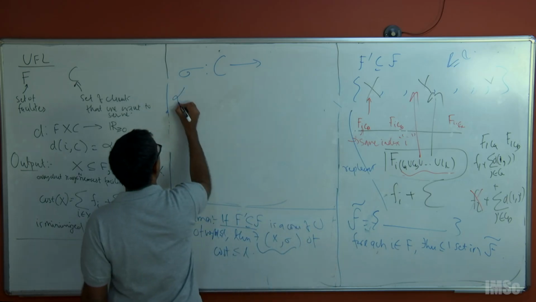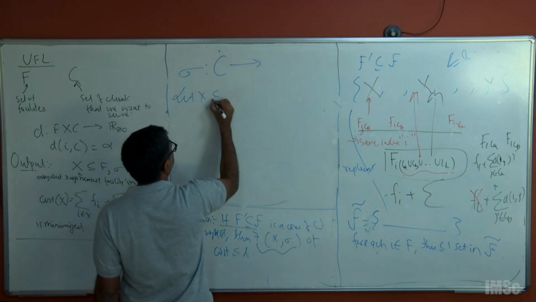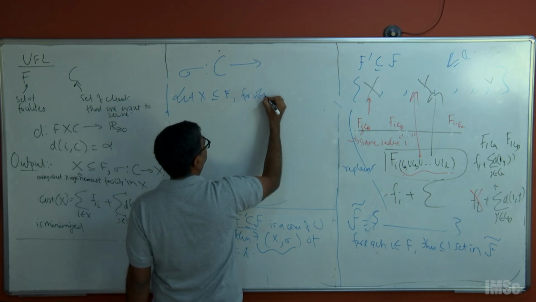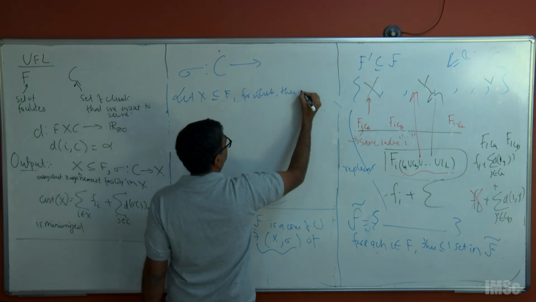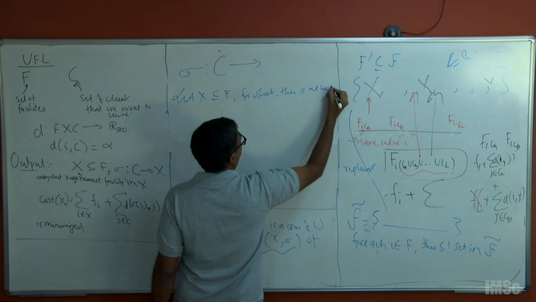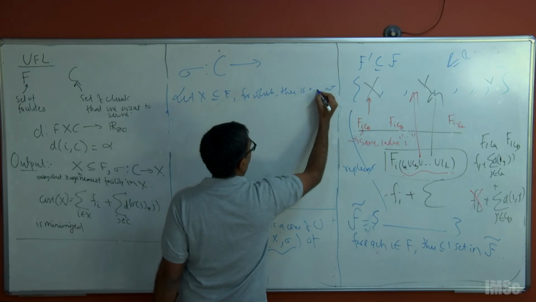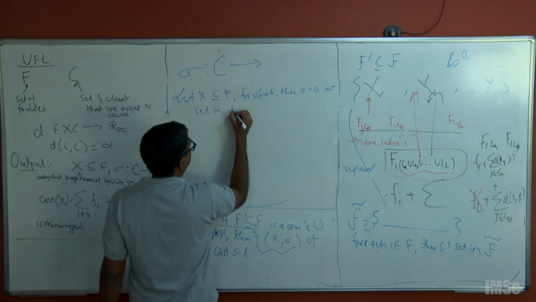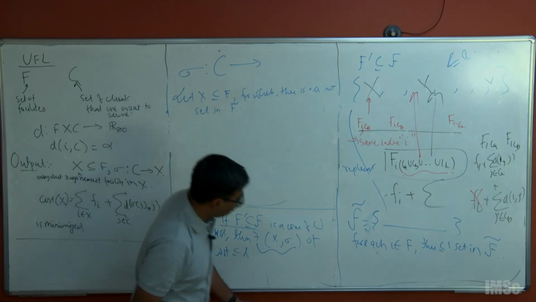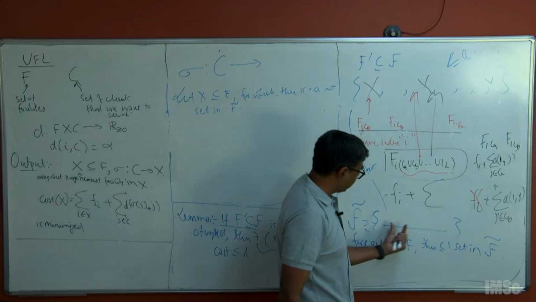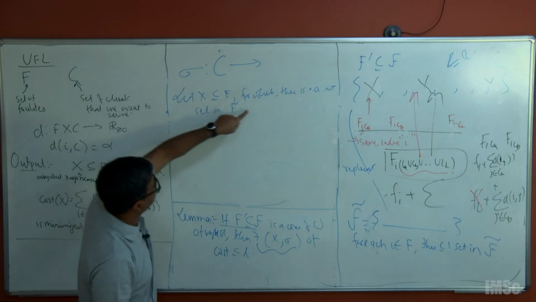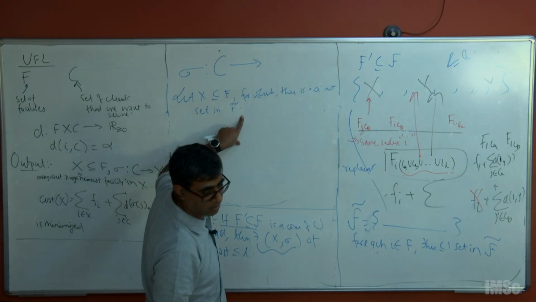So let X be a subset of F for which there is at least one set in F tilde. So for each facility i, if it contains one set, I add that index to X, for which there is a set in F tilde.